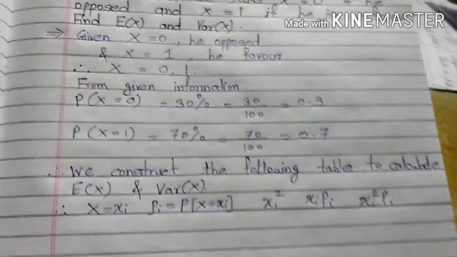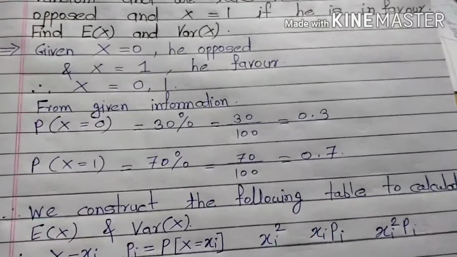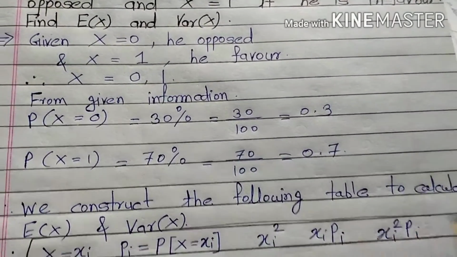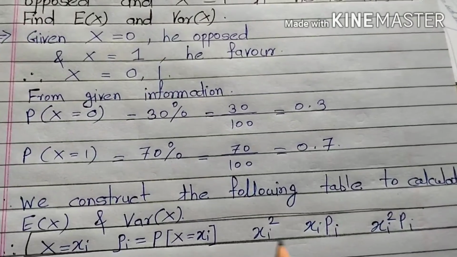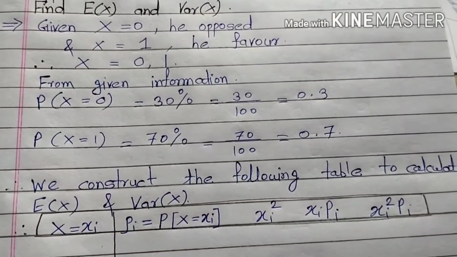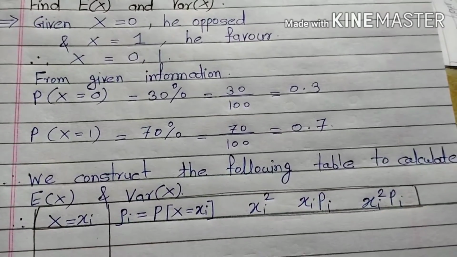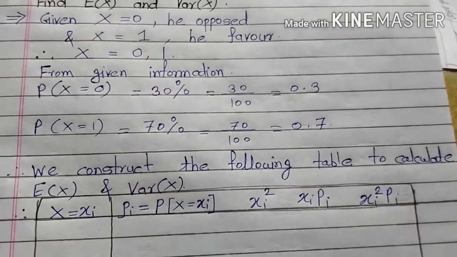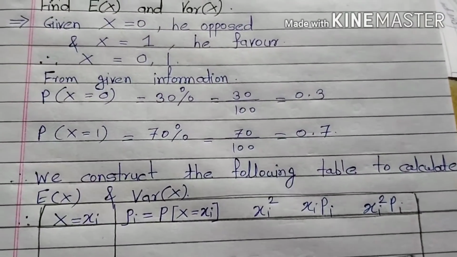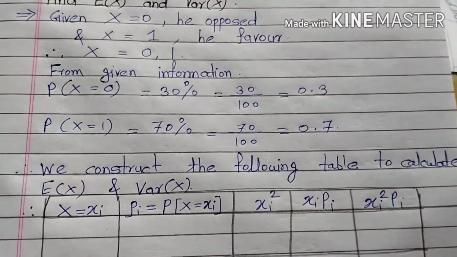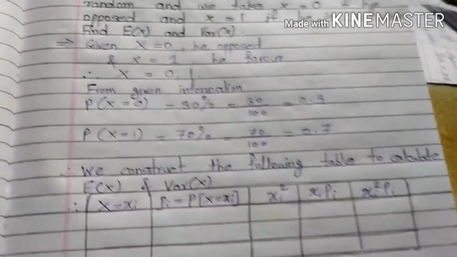Okay. Only two values, that's why there are two rows. Now put the values.